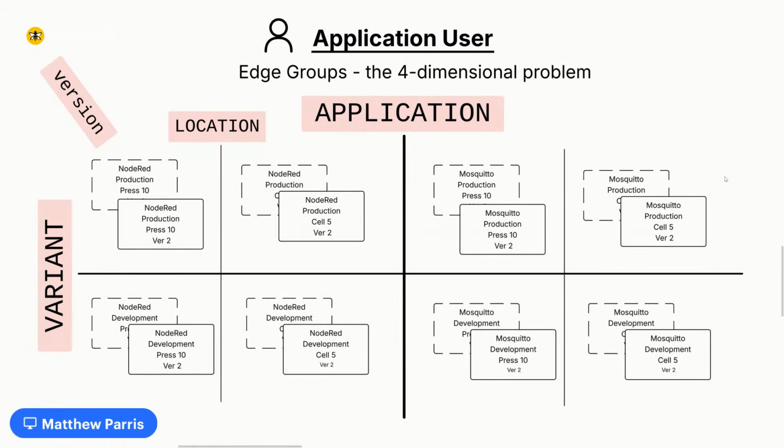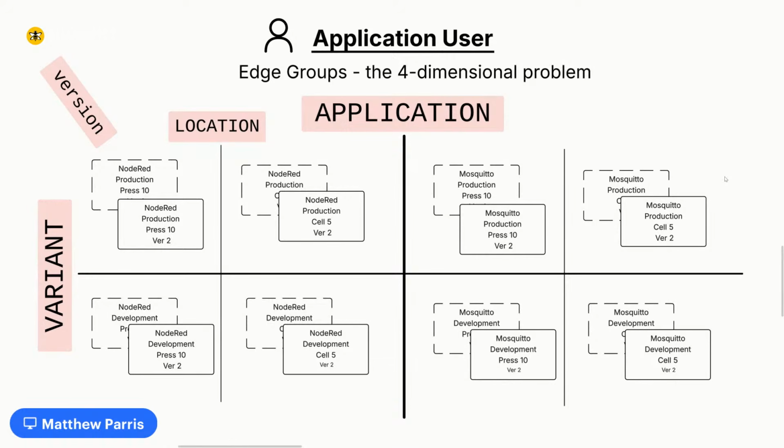But as you start dealing with that at scale, it gets complicated very quickly. Edge groups are a 4-dimensional problem. The 4 dimensions are, dimension 1 is the application itself. Is it Node-RED or Mosquitto or whatever other application you have? So that's one axis. The second axis is the variants within those applications.